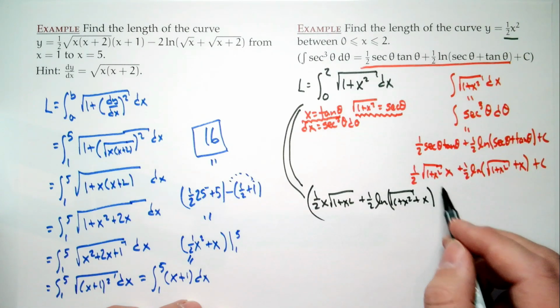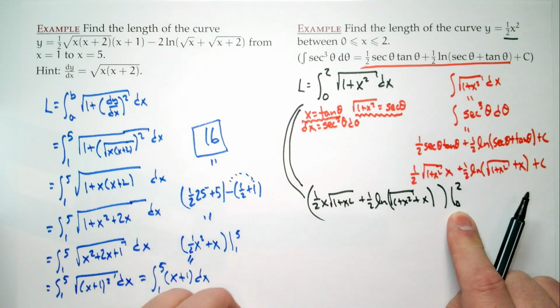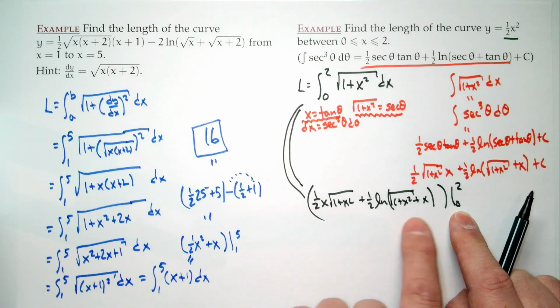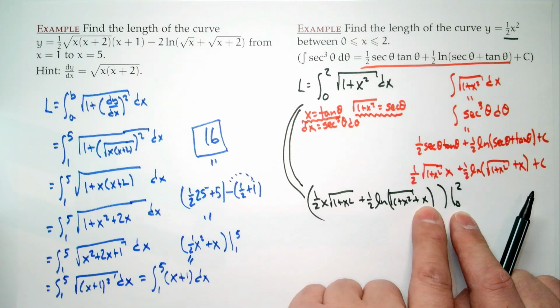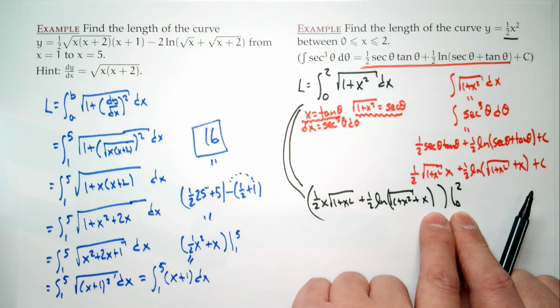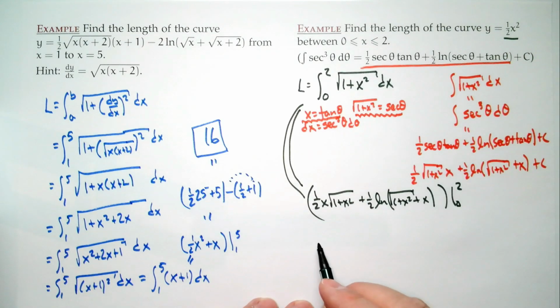And then we're going to evaluate this from 0 up to 2. Now when we plug in 0, let's hope something nice happens. The first term is going to go away because of the x. Because you plug 0 in there, that's 0. Inside the log, you're going to get the square root of 1 plus 0. Square root of 1 becomes 1. Natural log of 1 becomes 0. So that goes away. So what do we have?